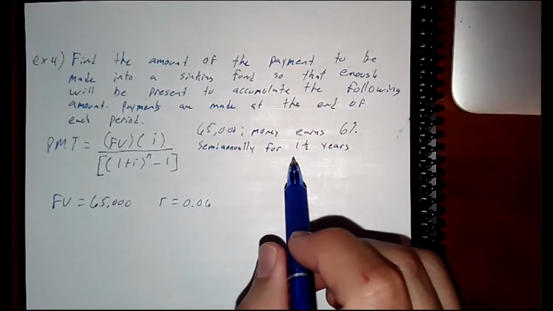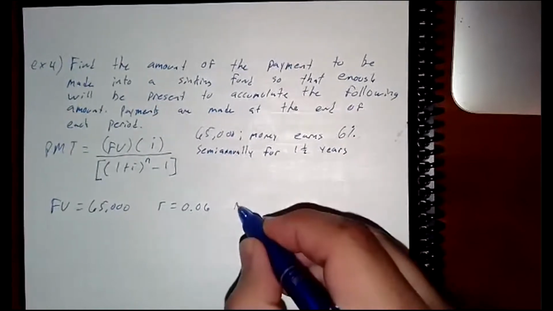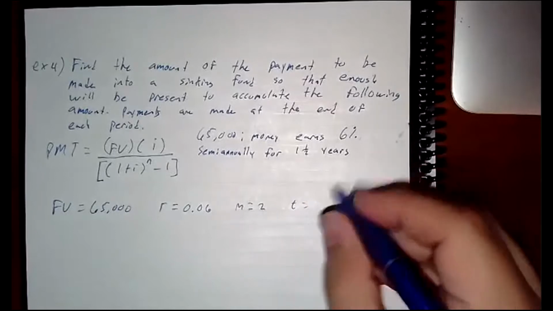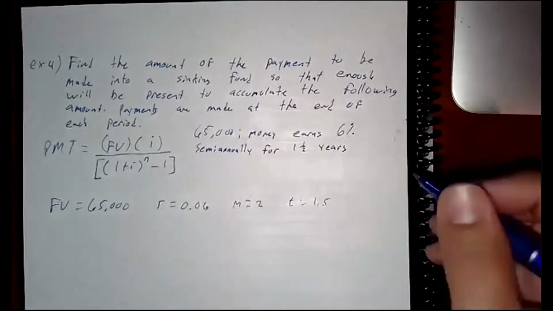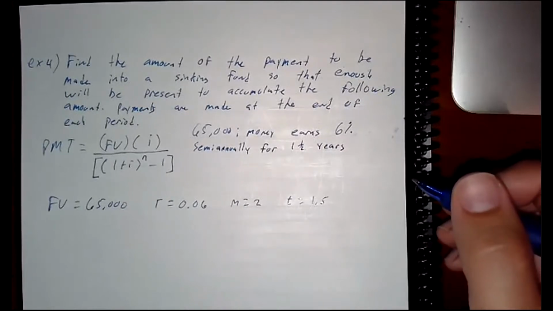So let's double check. Anyway, M is 2, T is 1.5 years. 1.5 is easier to type in the sheet.